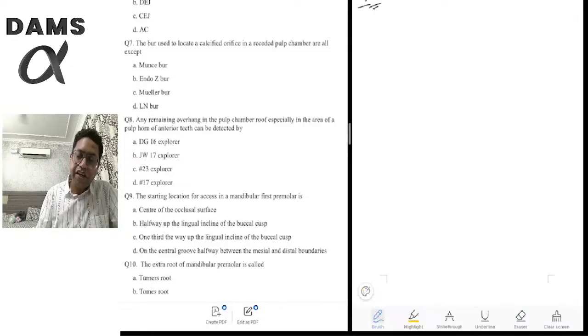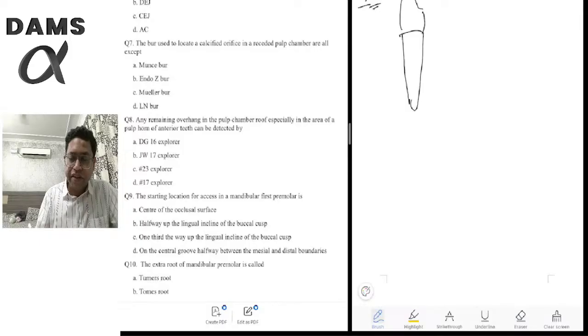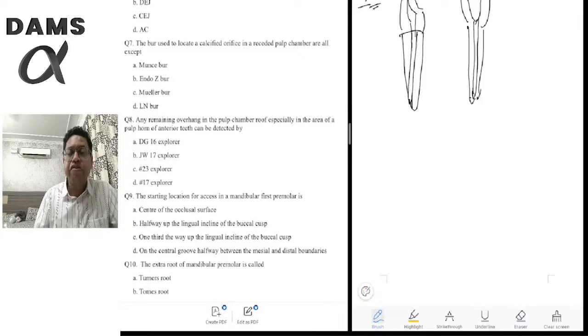If we talk about anterior teeth like a maxillary incisor and look at it in a buccolingual section, it would have a pulp chamber and root canal anatomy something like this. If we look at it from a lingual aspect, then the pulp horns are extended something like this, and this is the extension of the pulp chamber into the root canals.